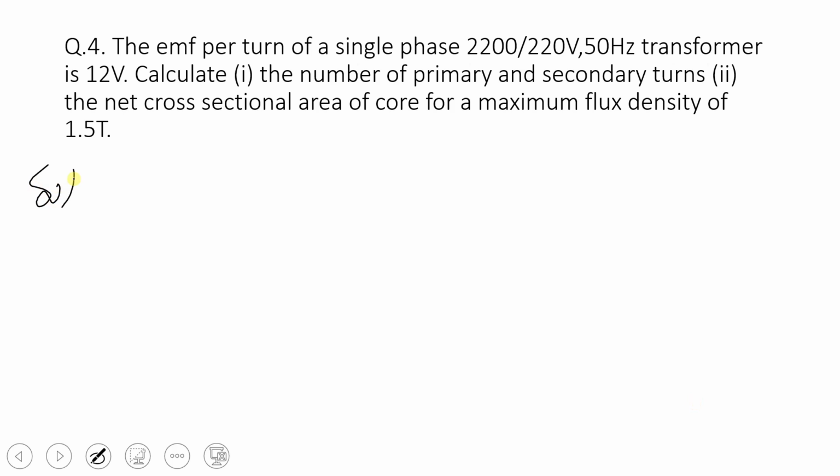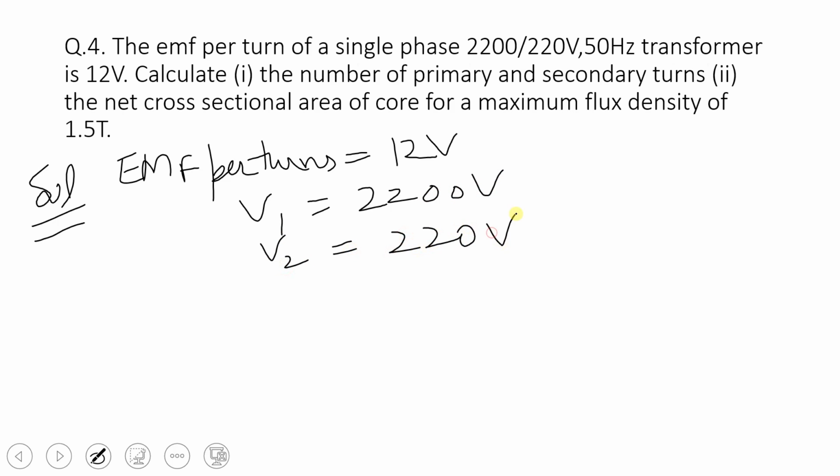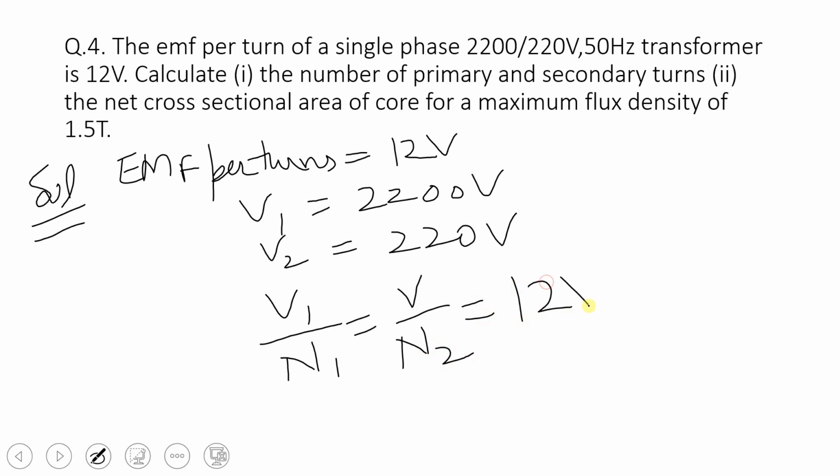First we write down what is given to us. EMF per turn is 12 volt, then V1 is equal to 2200 volt, V2 is equal to 220 volt, and we know that V1 upon N1 is equal to V2 upon N2 is equal to 12 volt.